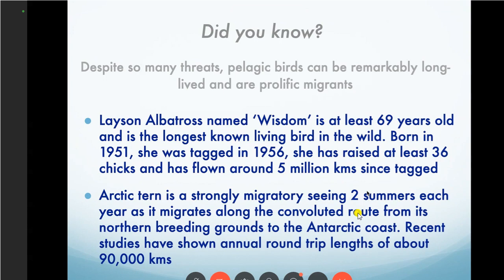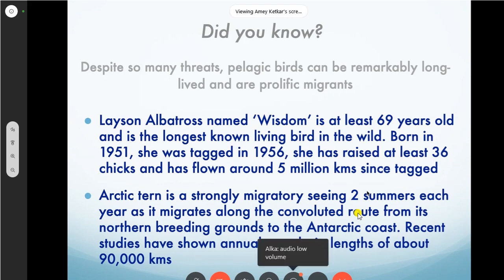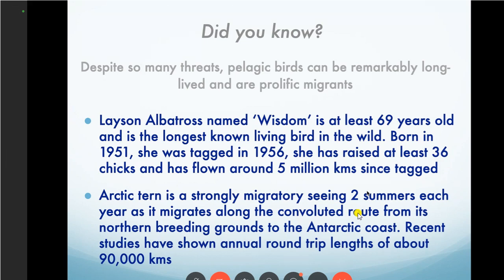That's, I guess, the highest we know so far, and these are studies of birds that were tagged, say, in Iceland or Netherlands, and this is data that we've got from them. Some birds migrate for, say, 60,000, 80,000 kilometers, and this particular bird migrated for 90,000 kilometers, a complete round trip, and it's amazing. I don't think we can imagine that.